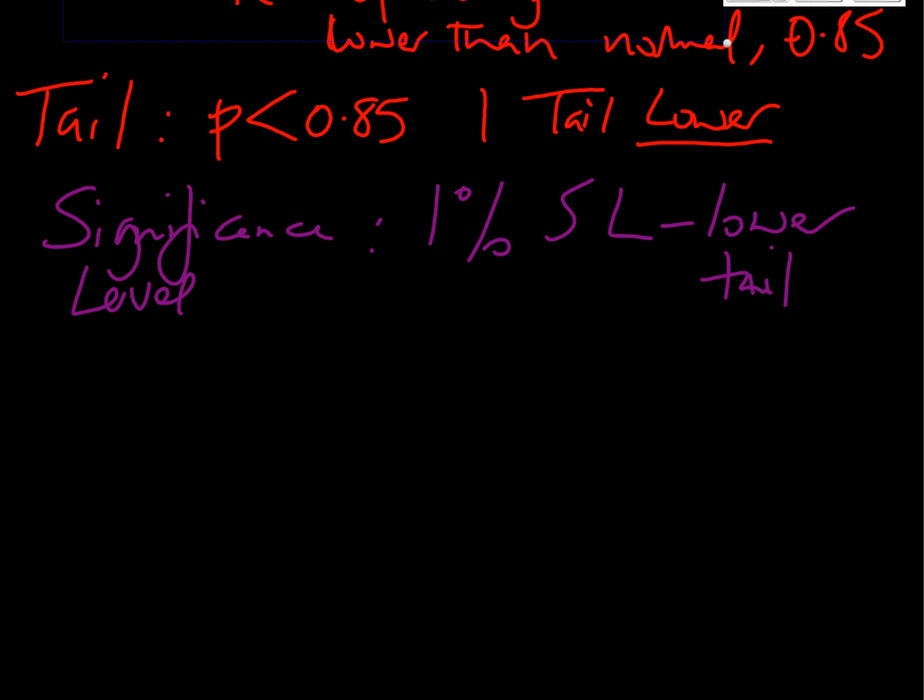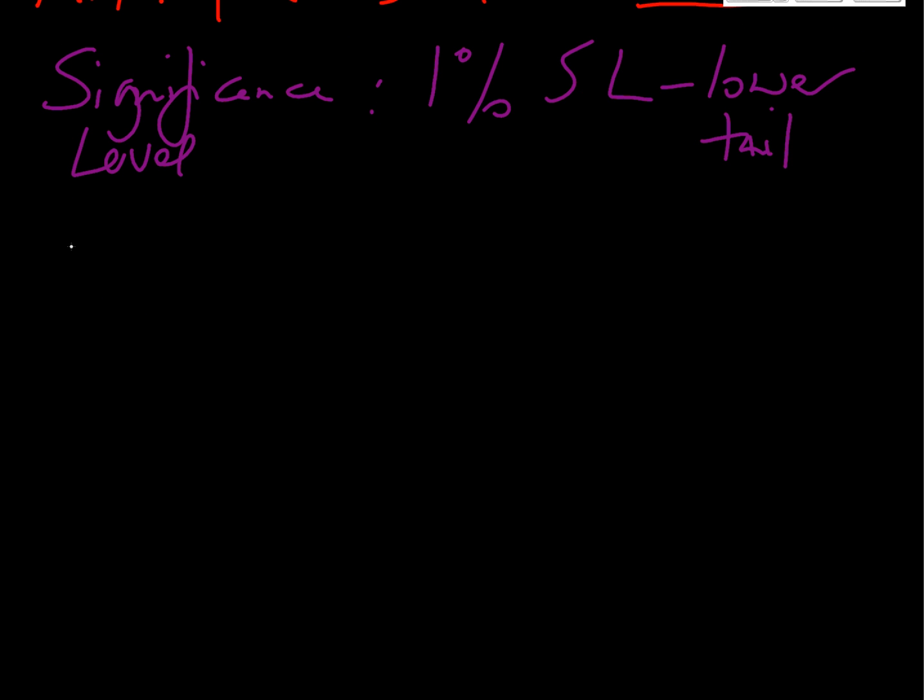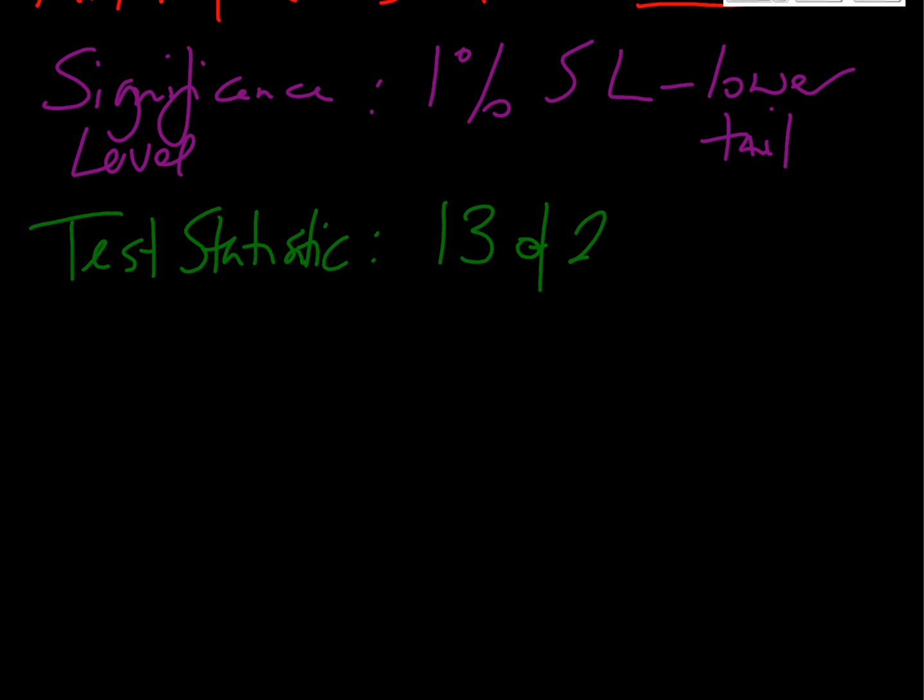Okay, so how can we use that information to find our critical region? Let's start off. I think we've got one more thing to do. Let's have a quick look at our test statistic. Okay. So our test statistic was 13 of 20.